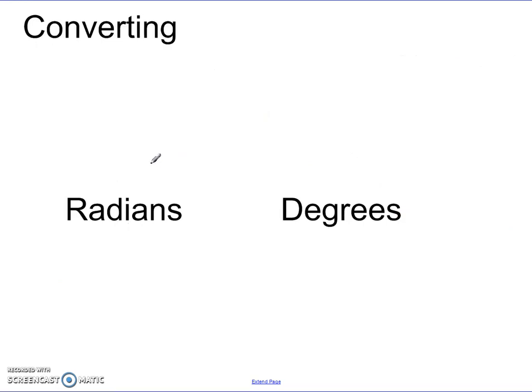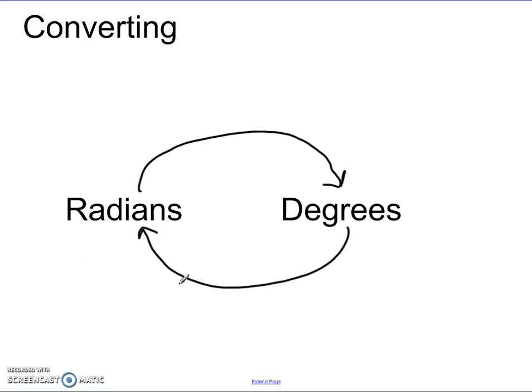Now, one thing we have to be able to do is convert between them. So we have to know what we do if we want to take a measurement that's in degrees and go to radians, or a measurement that's in radians and go to degrees. We have to be able to very effectively, quickly and easily jump between them. But actually, it's a very quick and simple set of steps. If I tell you a measurement in radians and I want to know what it is in degrees, all I have to do is take the measurement, multiply it by 180 and divide it by pi.